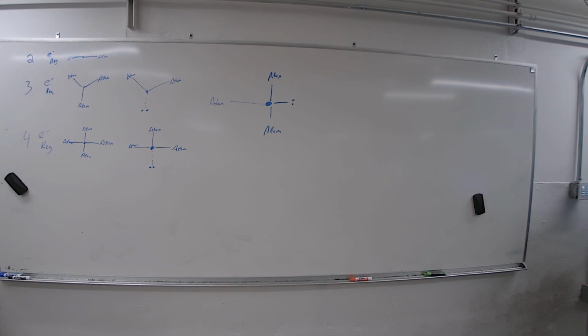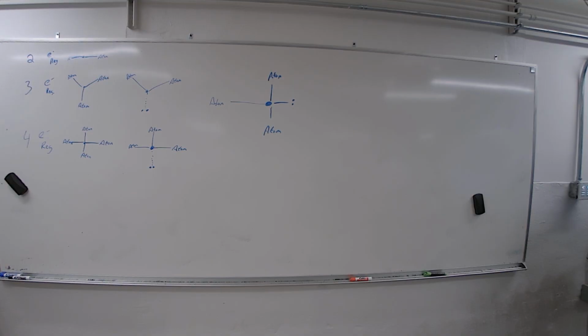Let's look at these molecular shapes, now that I fixed those. How many things are around it? The carbon. So what's the shape? Phosphorus. How many things are around phosphorus? What's the shape when it's 5?